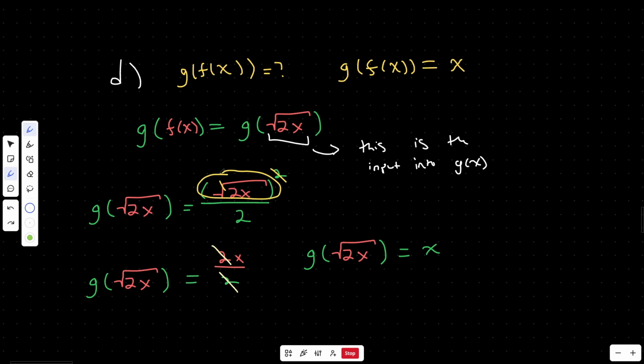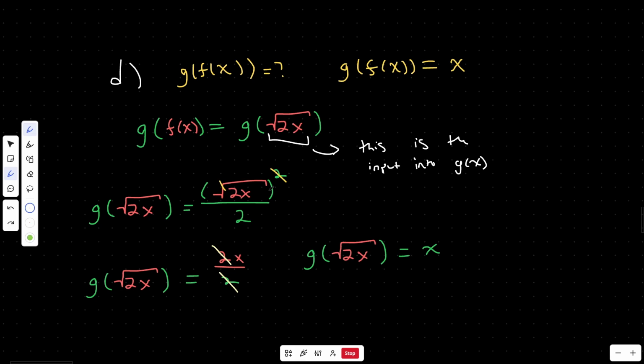Inside square roots we can't have a negative number. For example, the square root of -2 is not possible. So in this step, let's say x was -1. Then this entire expression just wouldn't be possible there.